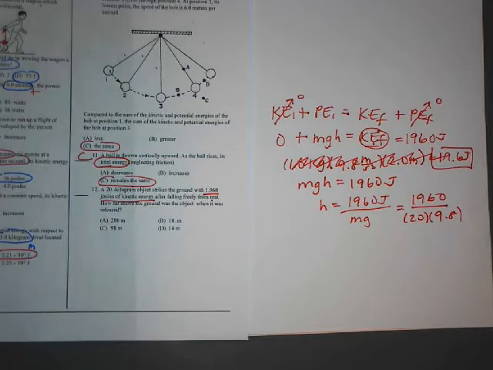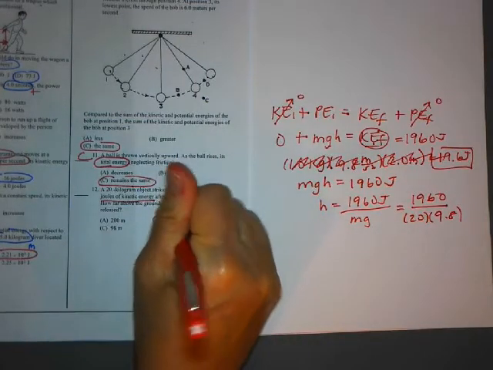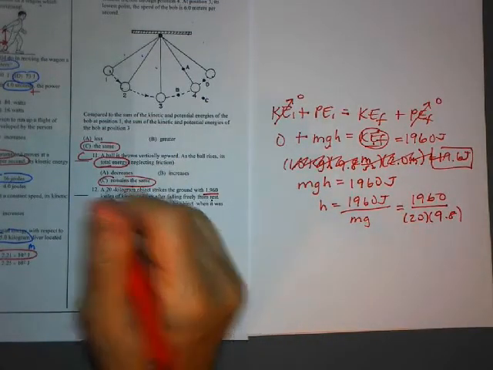Oh, and they gave us numbers that are easy because 20 times 9.8 is 196, and then 1960 divided by 196 is 10. So this is 10. So this is going to be B.